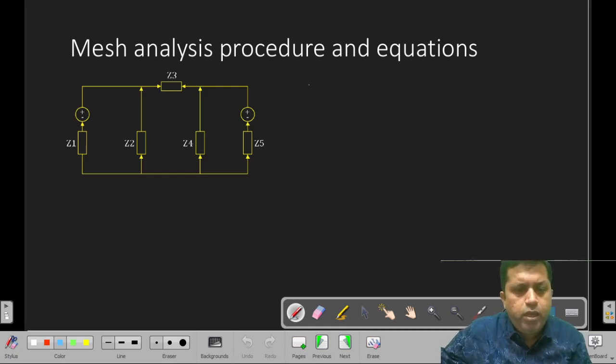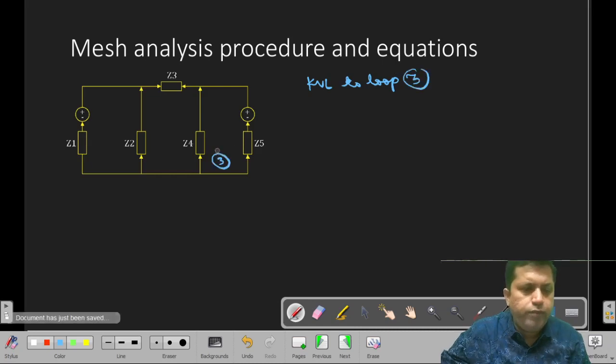Okay, KVL to loop 3. This is loop 3, this is current I3, this is current Iy, this is voltage V2.